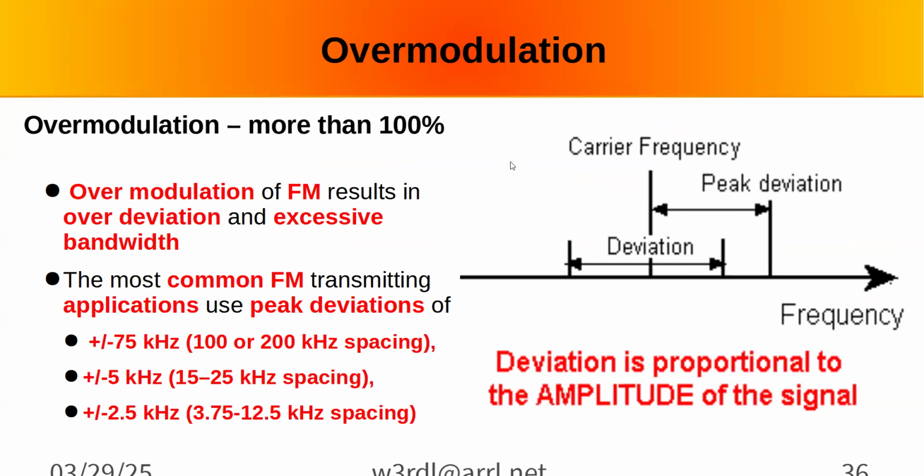And that was AM. If you overmodulate in FM, then your deviation is greater, so you wind up getting a much wider bandwidth than you would.